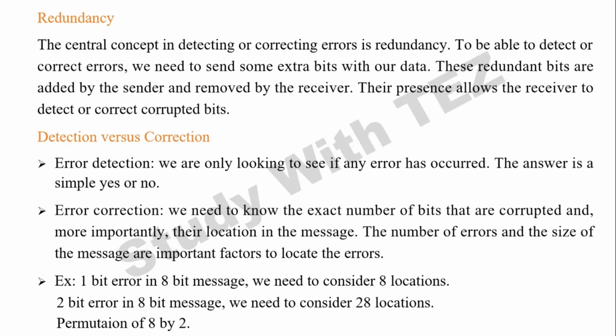Likewise, if a 2-bit error is induced in an 8-bit message, then we need to consider 28 locations, that is 8 factorial divided by (8 minus 2) factorial times 2 factorial, which gives 28 locations. We have to check all of them, so it is a tedious process when we are trying to transfer millions of bits.